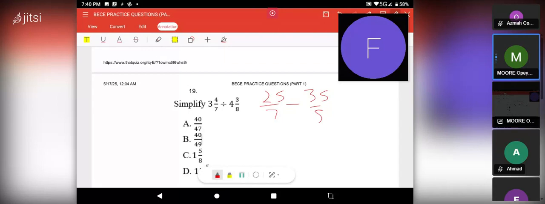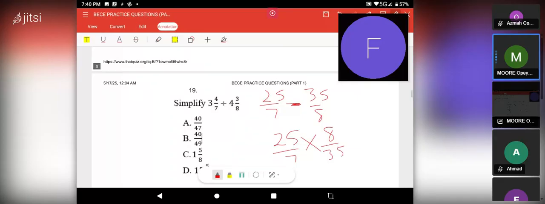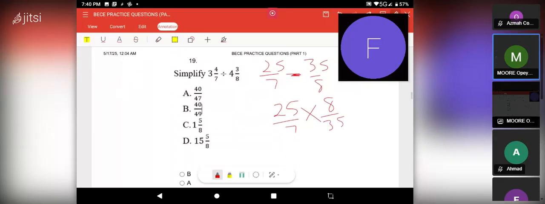So what we do now is 25 over 7. Whenever we change this division sign to multiplication, we invert the fraction. It becomes 8 over 35. As I have said, no LCM when we are multiplying fractions. So 5 can go here 5 times, and 5 goes in here 7 times.